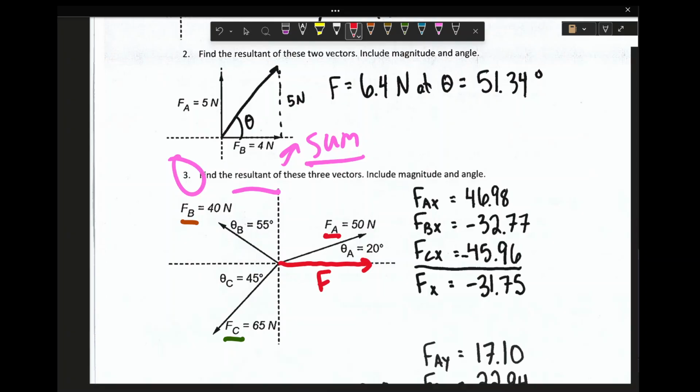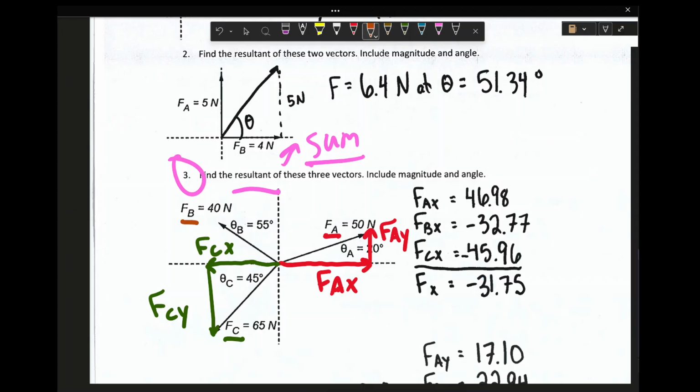So just to start here, this would be FAX, the x component of vector A, and this would be FAY, the y component of vector A. Then we would have this being FCX, and this would be FCY.